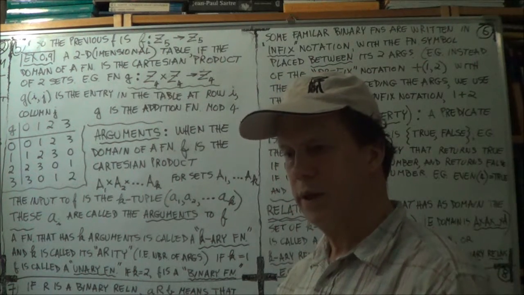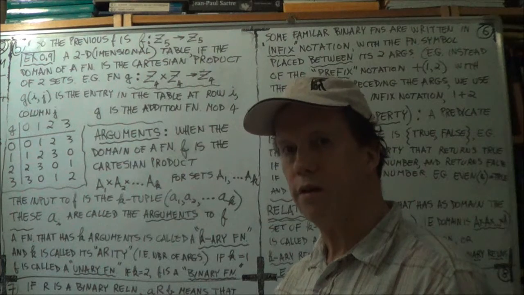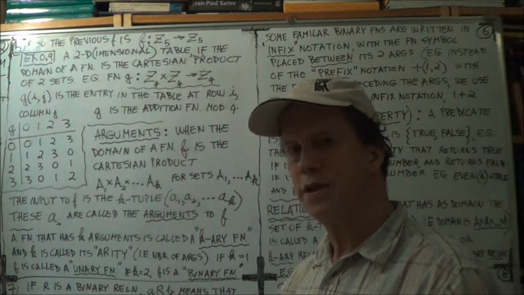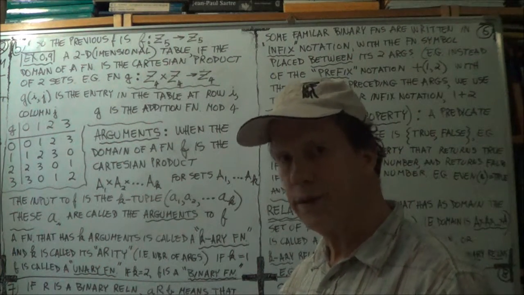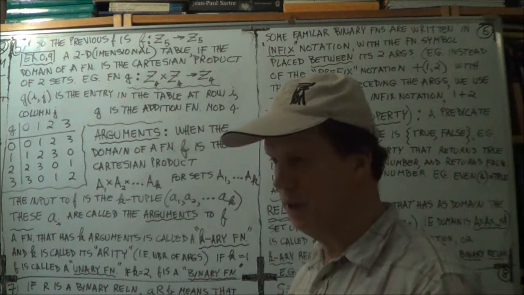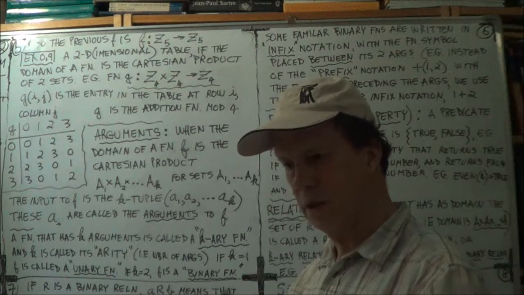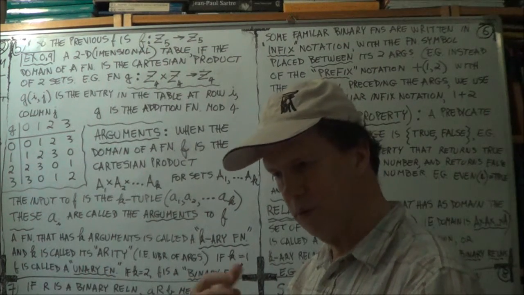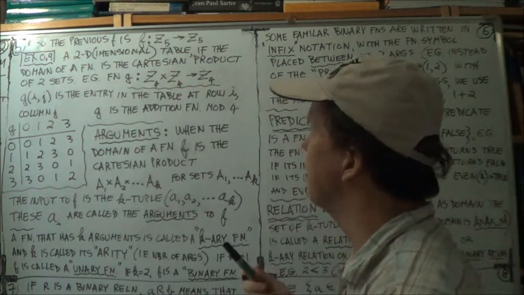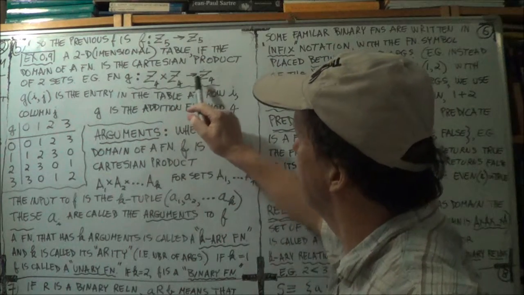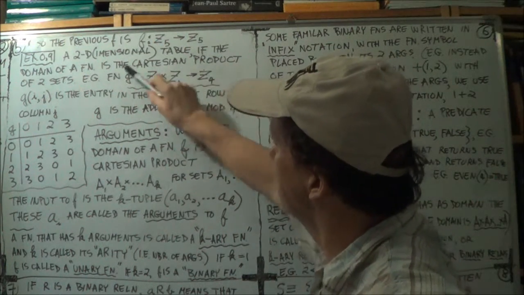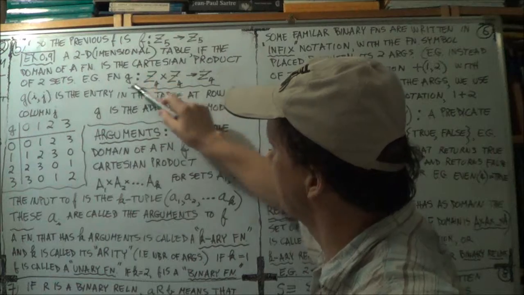So we will have 16, 4 squared, 4 by 4, 16 possible ordered pairs coming in as input values. So (0,0), (0,1), (0,2), (0,3), (1,0), (1,1), (1,2), (1,3), and so on. Okay, 16 of them.